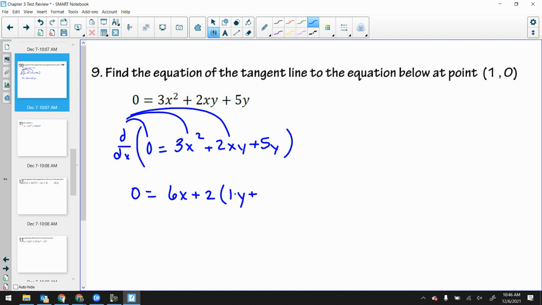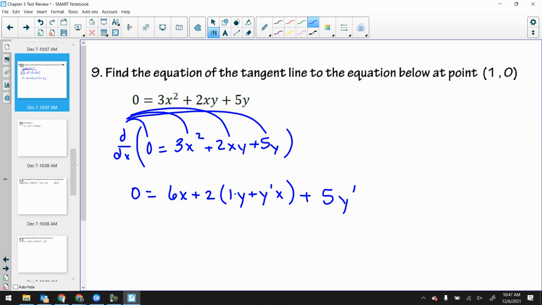What is the derivative of y? y prime, times the original f, which in this case is x. And then the derivative of 5y is just 5y prime.